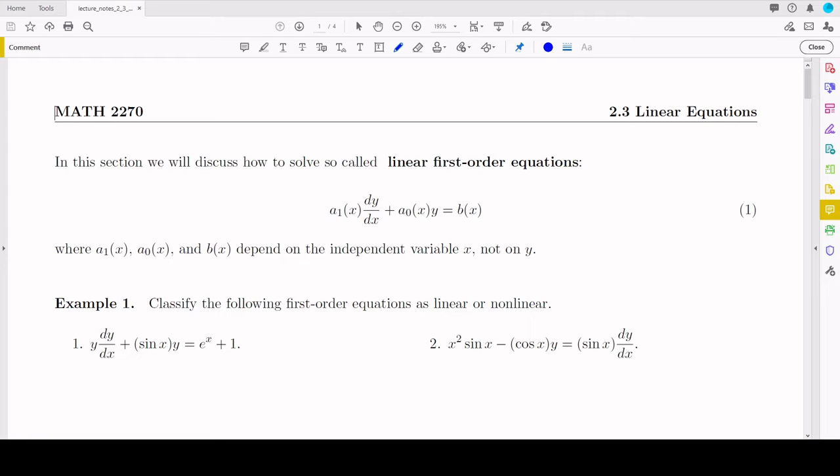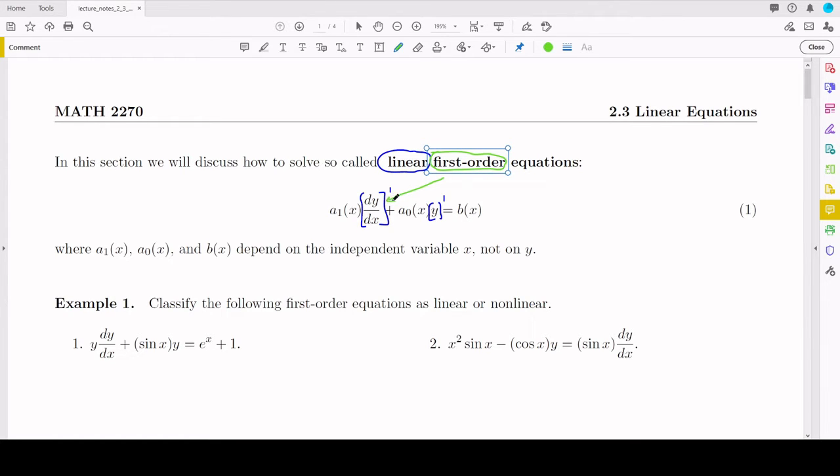So the fact that we're talking about a linear first-order differential equation, the linear part means that y and its derivatives show up to the power 1 only. You can't have a squared or a cubed or anything like that. And the first order part tells us that the highest derivative that we have is dy/dx.